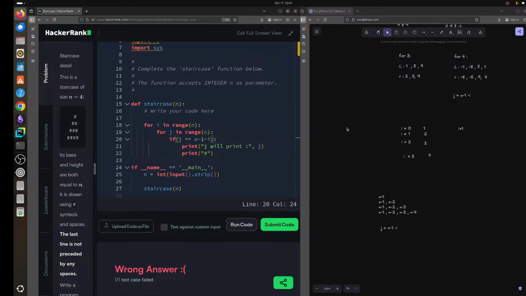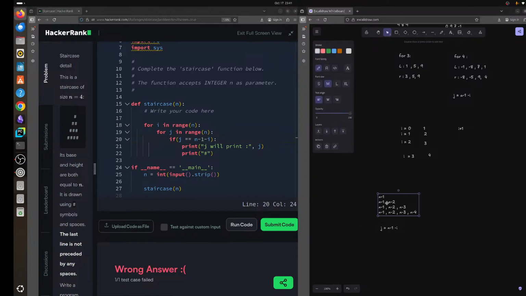It will print. No, no. Here, when you think about this pattern, it will first print on n minus 2, then it will print on n minus 1, right? Yes.